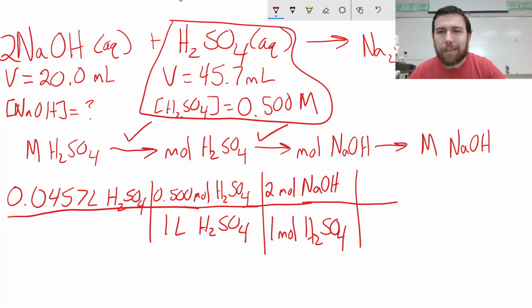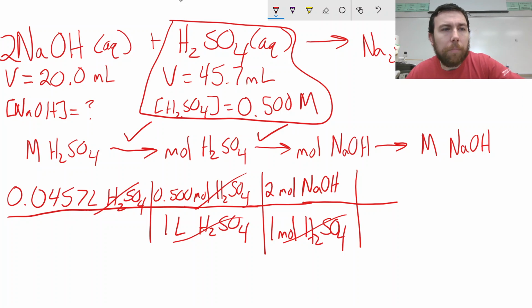And then my last step, getting to the molarity of sodium hydroxide: if you think about it from a unit perspective, my liters of sulfuric acid canceled, my moles of sulfuric acid canceled. So now I've got moles of sodium hydroxide. If I want molarity, remember molarity is simply moles divided by liters, or moles divided by volume.